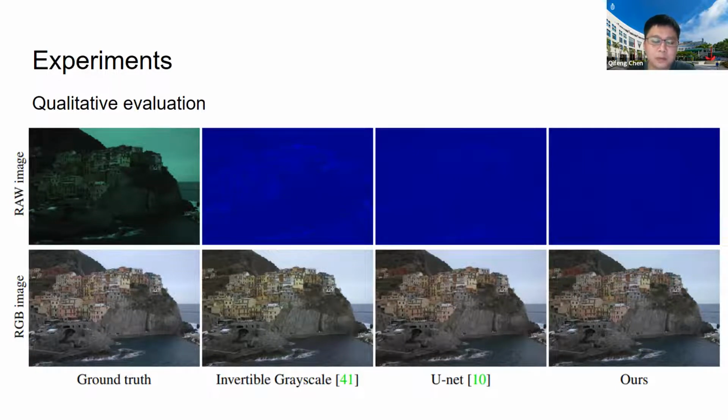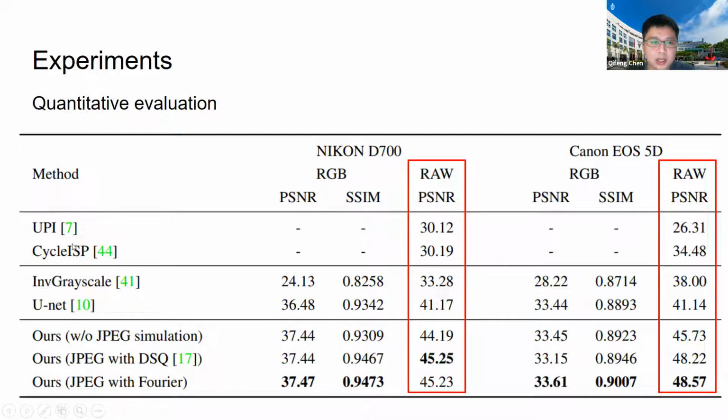In the end, we evaluate our method on two types of camera, the Nikon camera and the Canon camera. If we look at the results, we achieve quite high quality in both RGB image and raw data reconstruction.